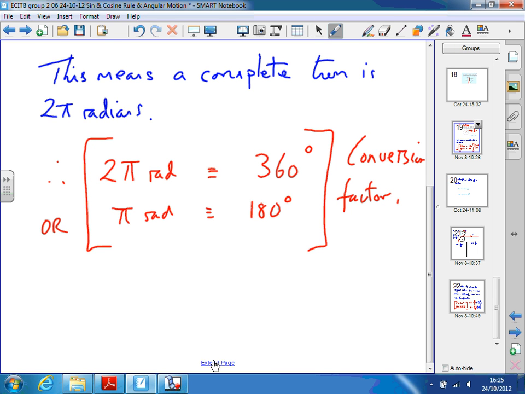Because once we've got that, if 180 degrees is pi radians, what does 1 degree equal? If I know that 180 degrees gives me pi, what's 1 degree?